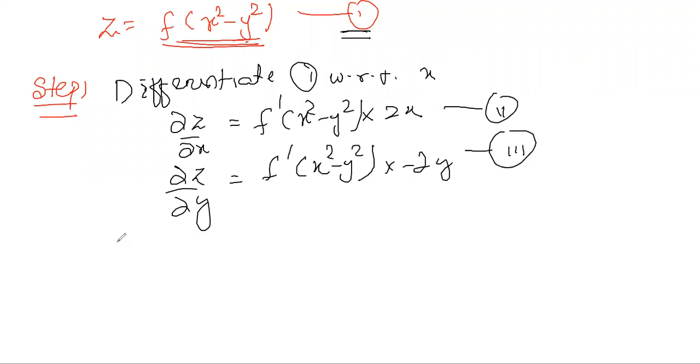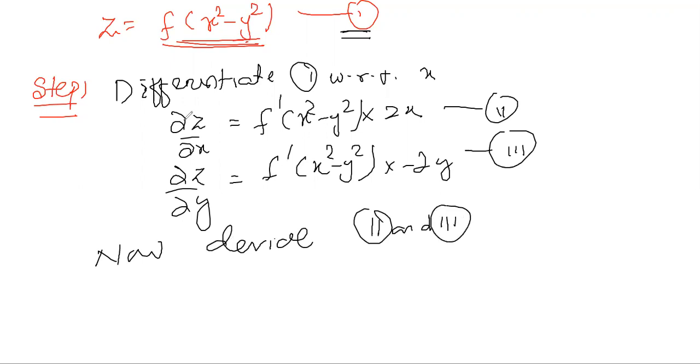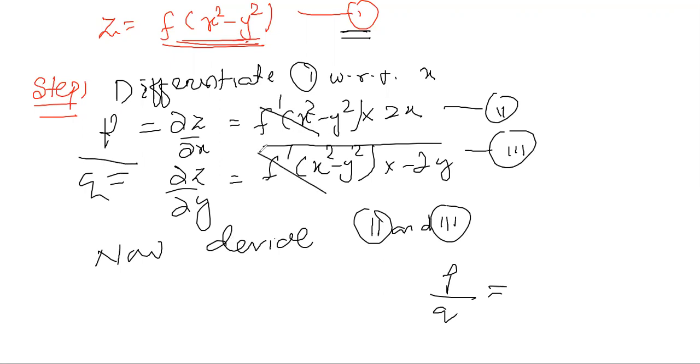Now divide 2 and 3. What happens? This value is p, this value is q. See, p by q is equal to, when we divide these terms, this term is cancelled.